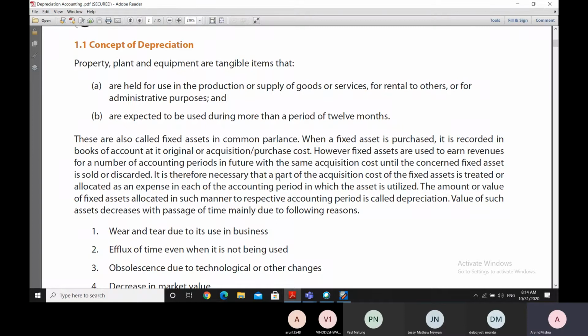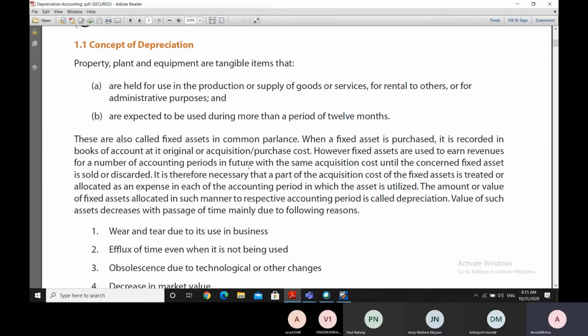And while they are being used for a number of accounting periods, the acquisition cost will be written in the balance sheet until the time that the fixed asset is sold or discarded. Till that time, if you purchase it for, let's say, 100 rupees, it will be mentioned that the cost was 100 rupees.